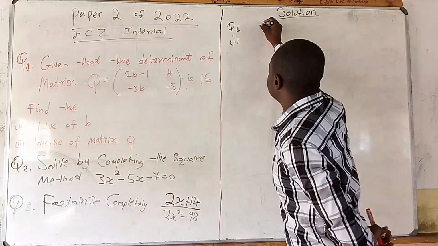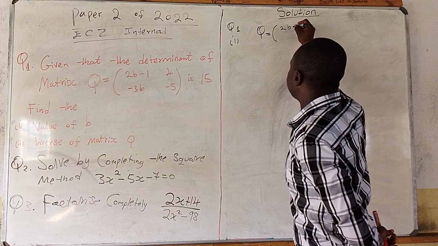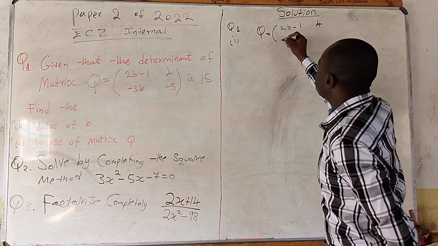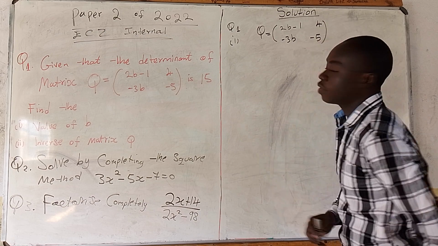Our matrix Q is given by 2b, minus 1, 4, negative 3b, negative 5.